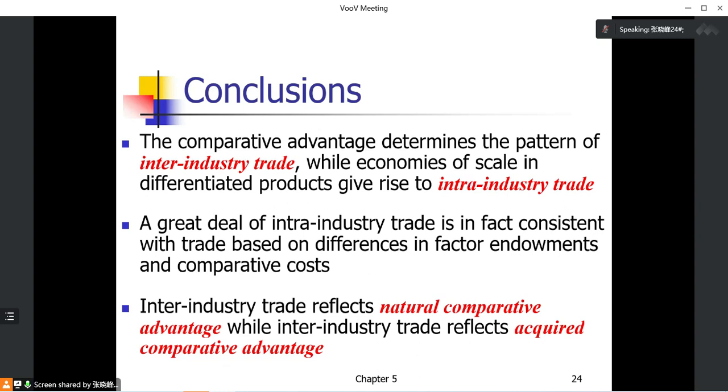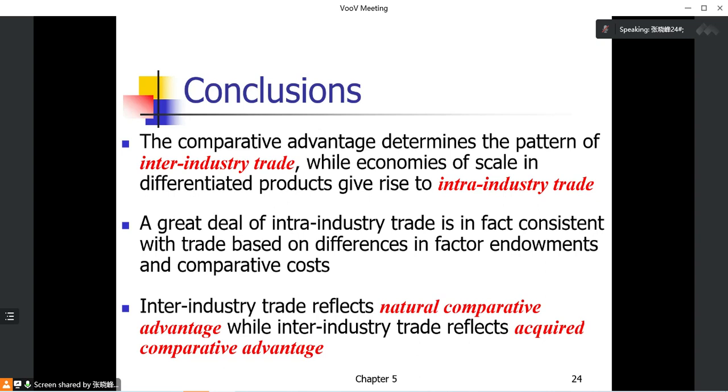Let's come back. Here, I think the following conclusions you should bear in mind. The comparative advantage determines the pattern of inter-industry trade, while economy of scale in differentiated products gives rise to intra-industry trade.